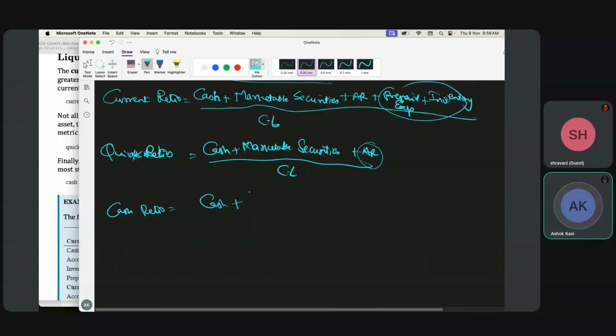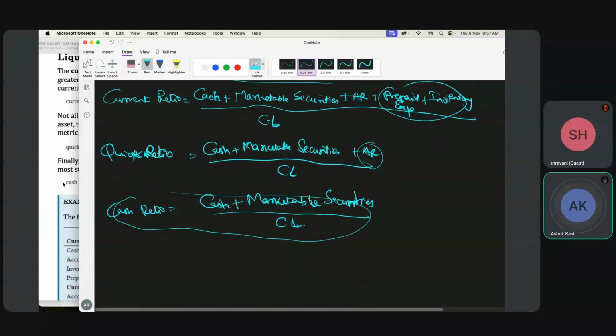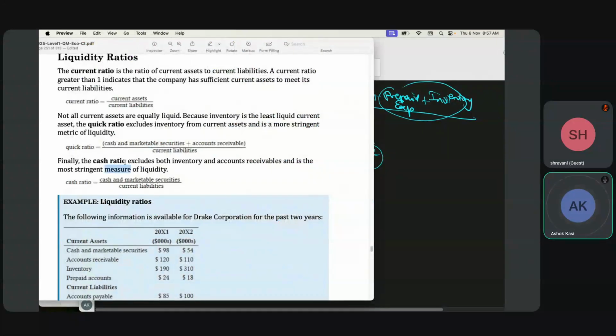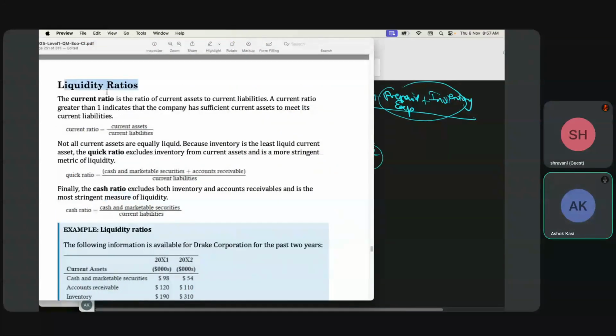Cash plus marketable securities. So these are stricter ways to find out. Then, yeah, you should also know the heading, okay? Liquidity ratio. That is also equally important. It comes under liquidity ratio.